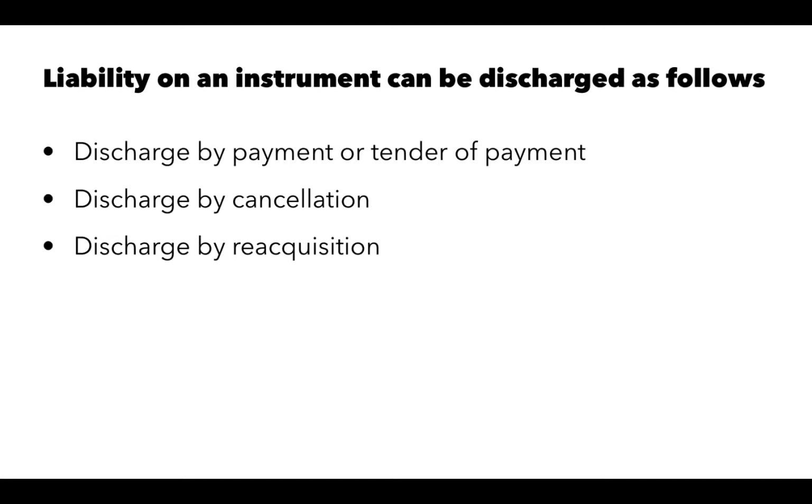Discharge by reacquisition. Discharge by impairment of recourse. All of those are means of discharging any liability on the document. Obviously, the one we're most interested in is discharge by payment or tender of payment.